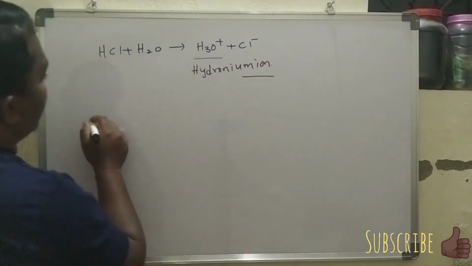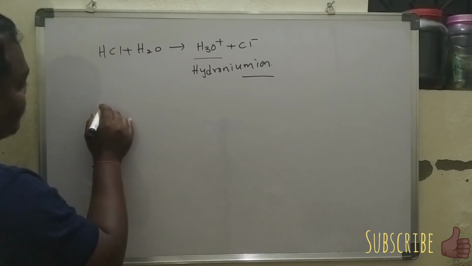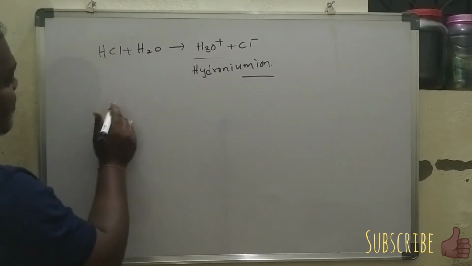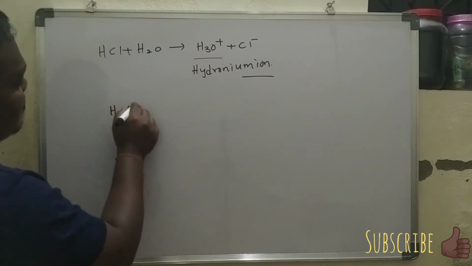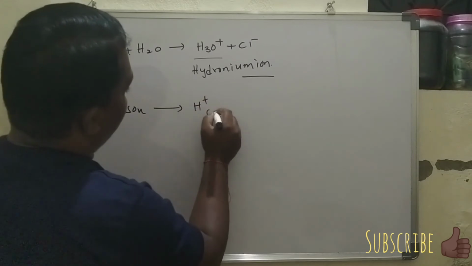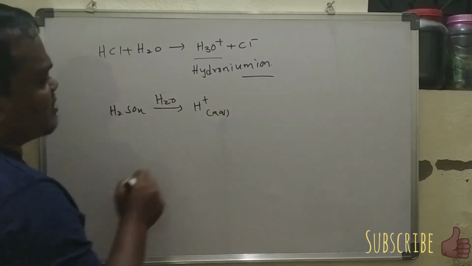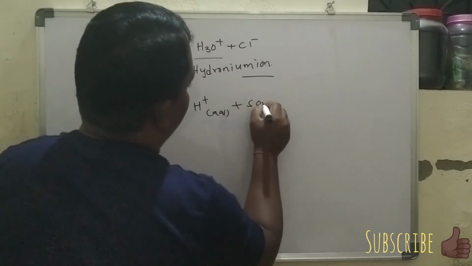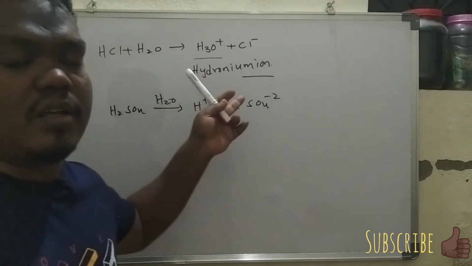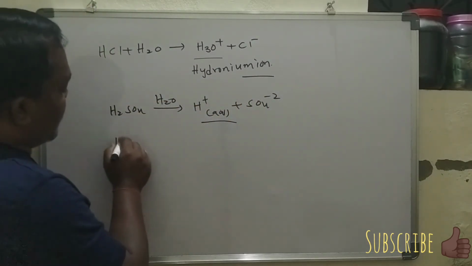So let me write one example here. H2SO4 turns into H plus aqua. H plus aqua means that in the presence of water itself, it turns into H plus ion in water molecules.